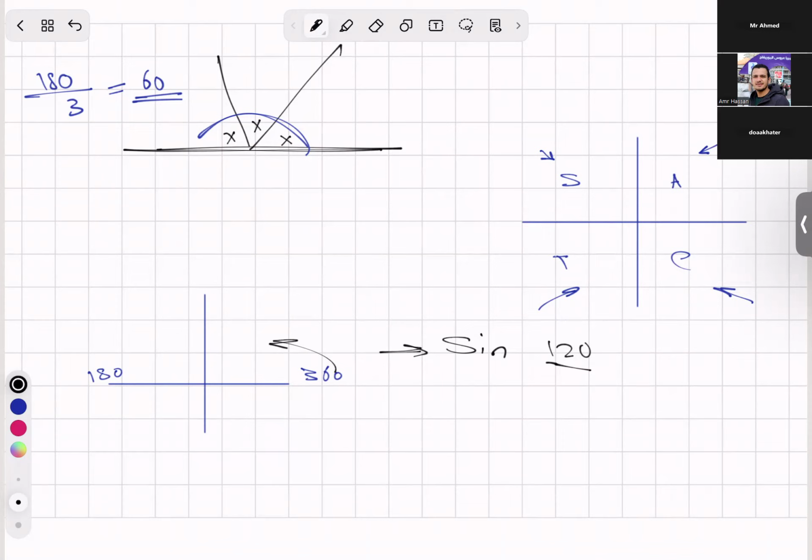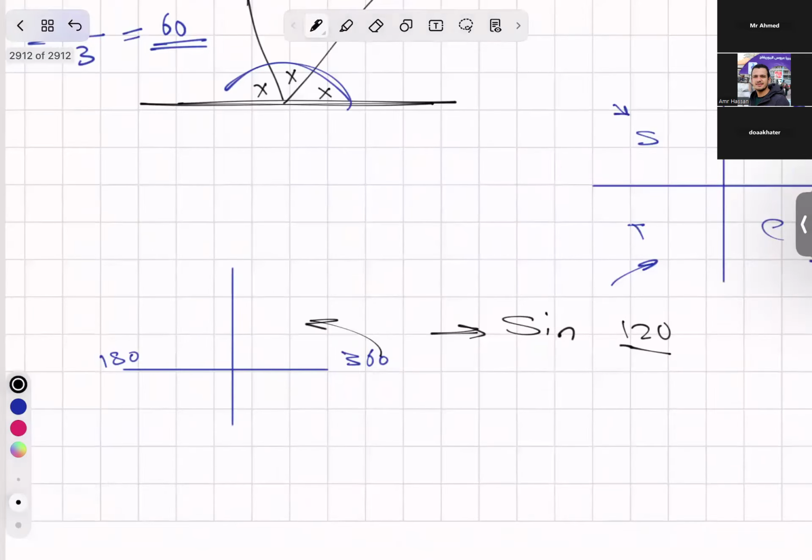I need to break it down in a couple of parts, right? But remember, where can I find 120? 120 lies in the second quadrant, right? So it's going to be 180 minus theta, or in this one, 180 plus theta, and in this one, 360 minus theta, which makes sense if you want to find sine 120.